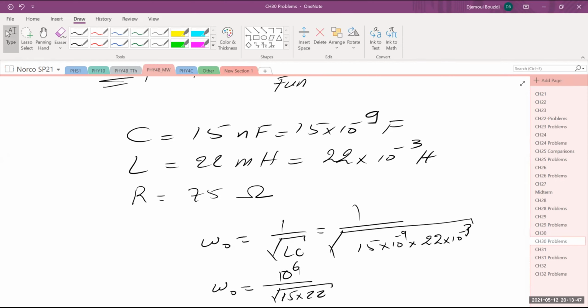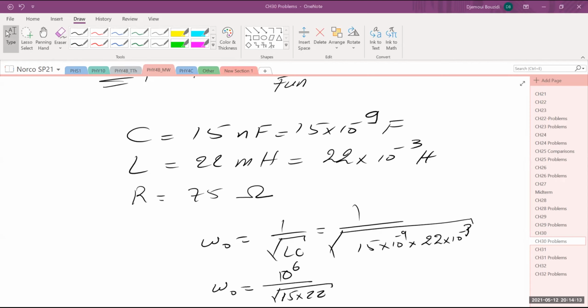Okay, so in my calculator, instead of having to deal with those nonsense powers, I'm just going to do the square root of, open parentheses, 1 over, open parentheses, 15 times 22. I forgot to do 1 over. This is manageable, even with a small calculator.